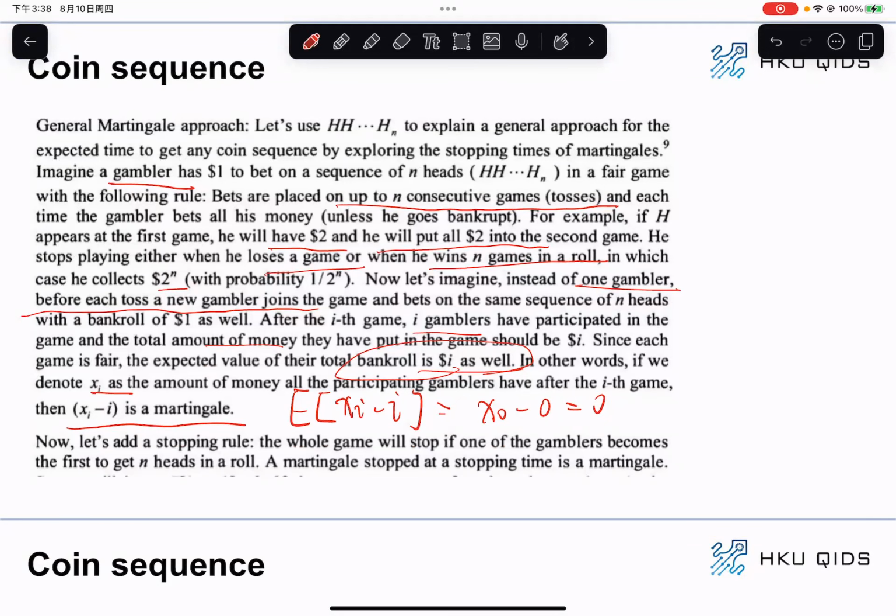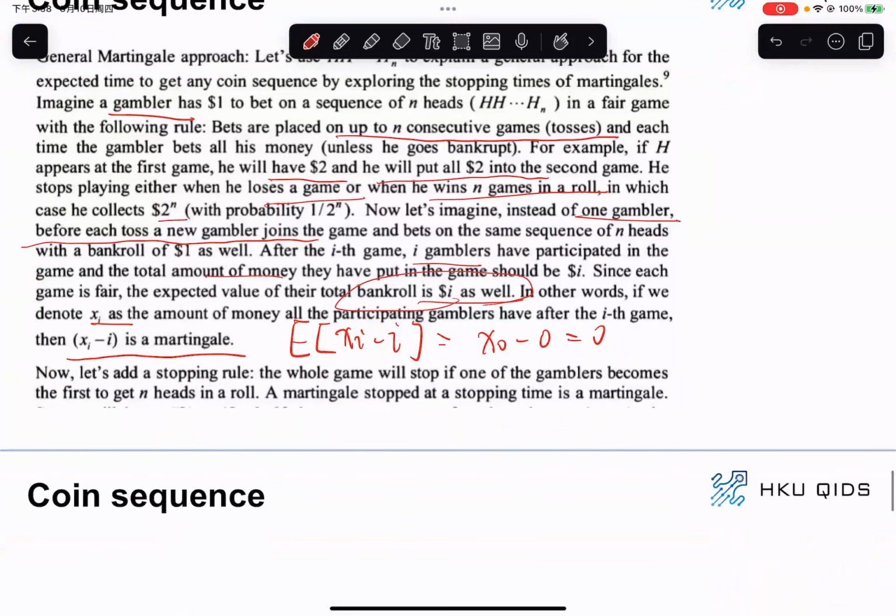And now let's add in a stopping rule where the whole game will stop if one of the gamblers becomes the first to get n heads in a row. And then what can we have?